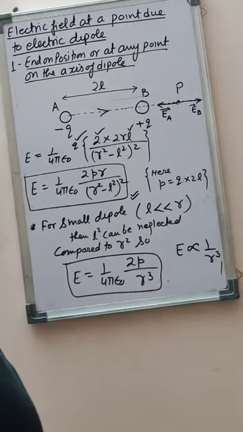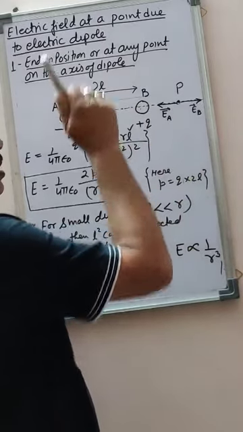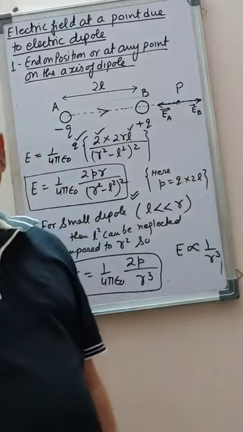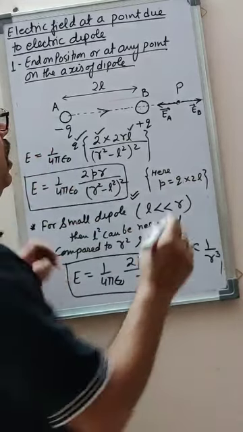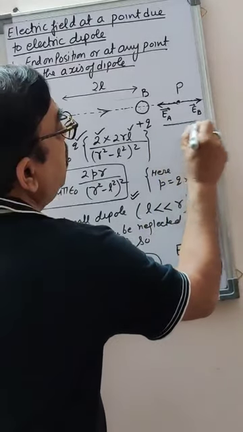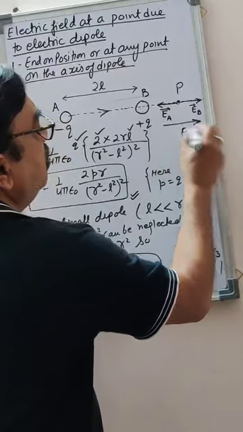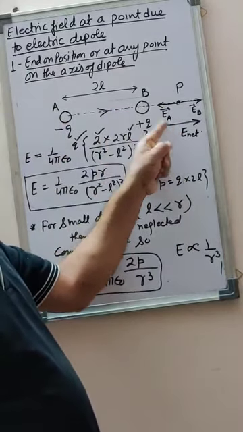Now coming to direction, EB is greater and EA is less, and when two fields are in opposite direction, the direction of net field is in the direction of the greater field, so net field will be in this direction. This is the direction of net field, that is in the direction of dipole moment.